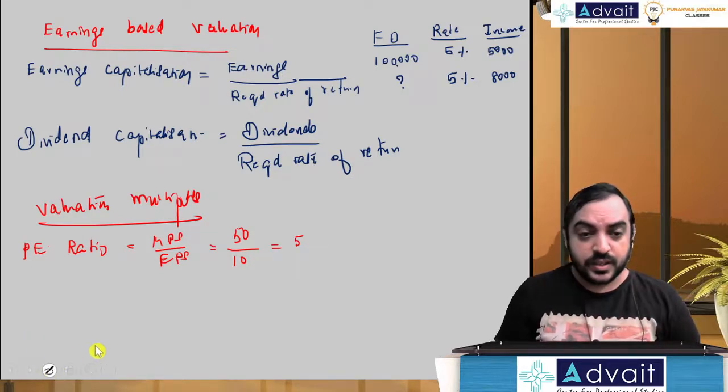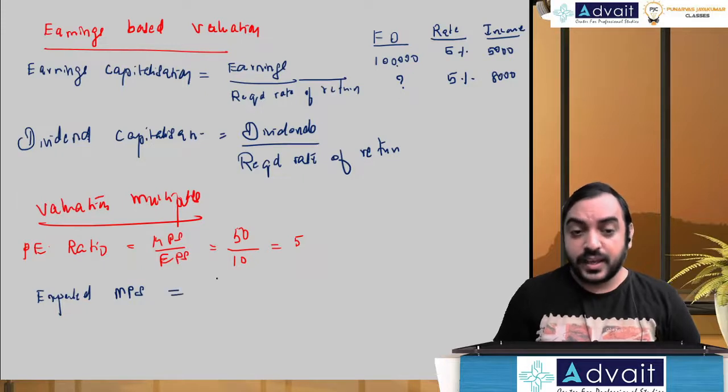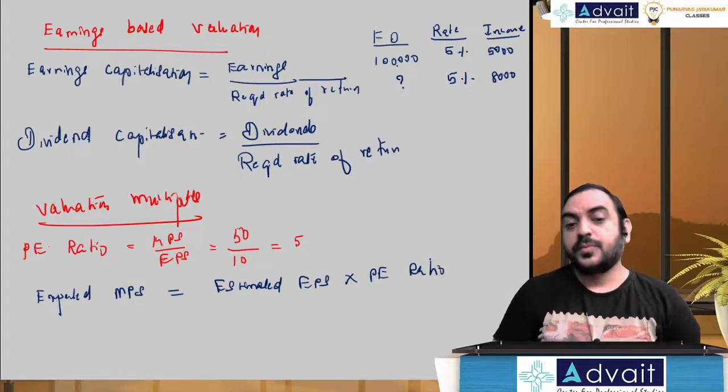That is, the estimated or expected market price per share is given by estimated earnings per share, EPS, multiplied by PE ratio.